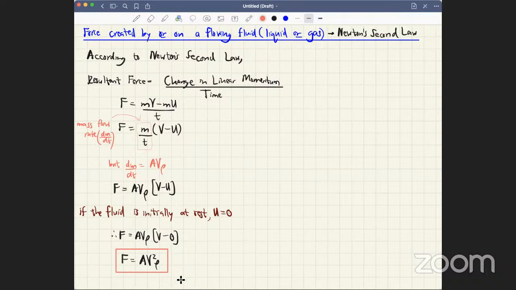Now, for example, helicopter. If you take a helicopter, the air below the helicopter is at rest. Suddenly, when the blade starts rotating, the air is pushed downwards. So for situations like that, we can use this equation. When the helicopter rotor blades rotate, the helicopter will push the air down.